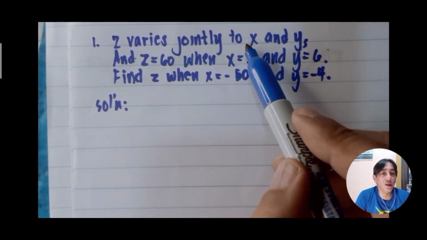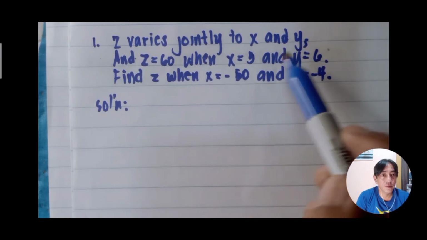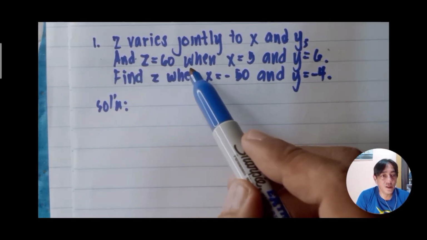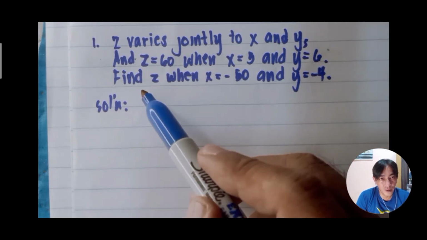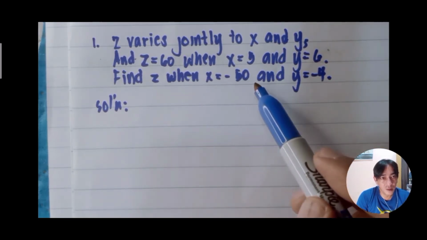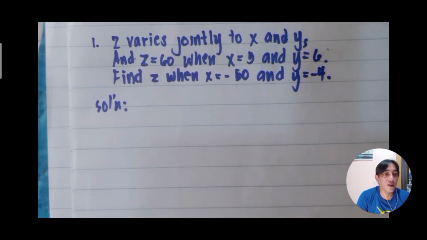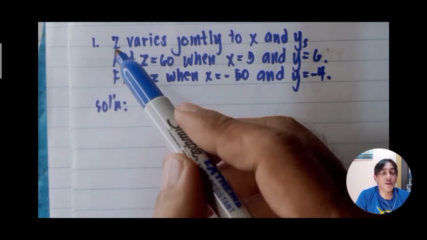Z varies jointly to x and y, and z is equal to 60 when x is equal to 5 and y equals 6. Find z when x is equal to 50 and y equals negative 4. So let us have the solution.